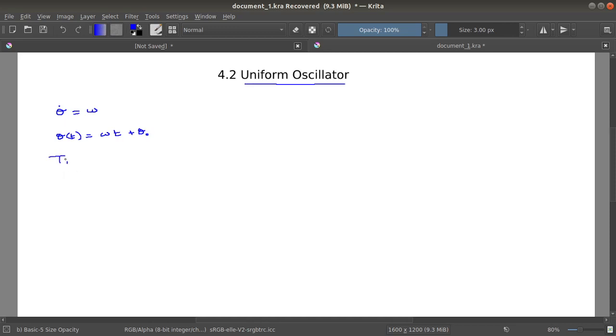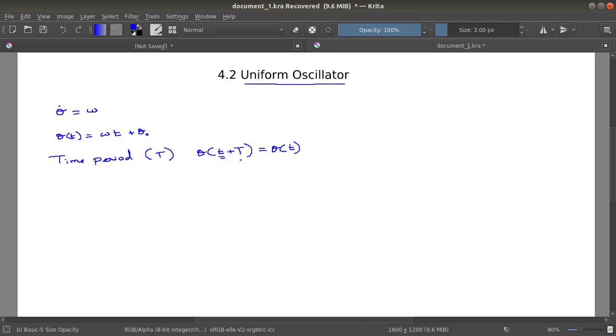In such a periodic function, a quantity which I will be interested in is the time period. Which means after some time, let's call that time t, I will get the same theta value, so theta of t plus capital T is equal to theta of t, and that is valid for any t.